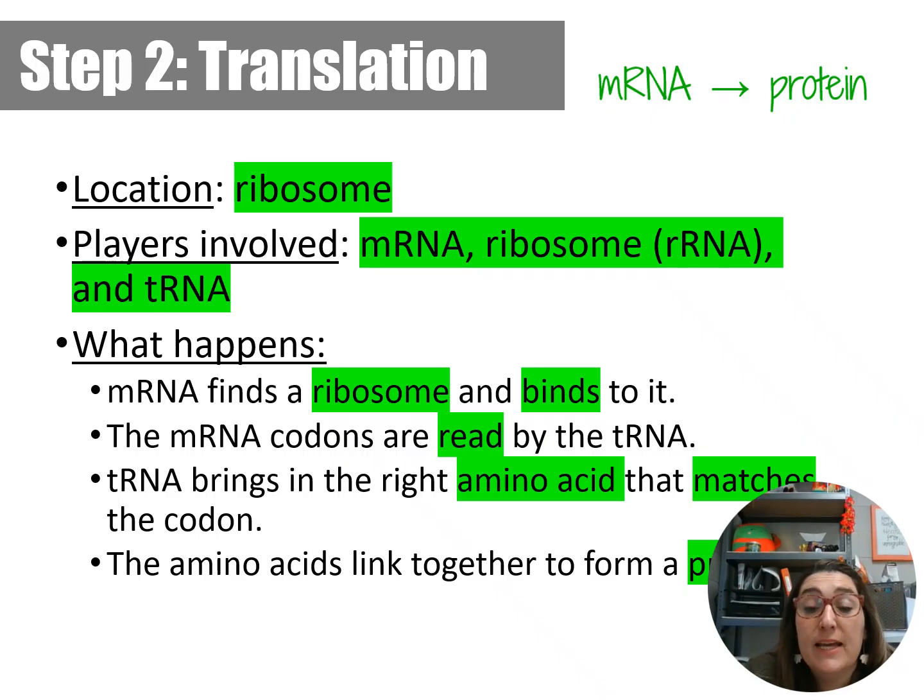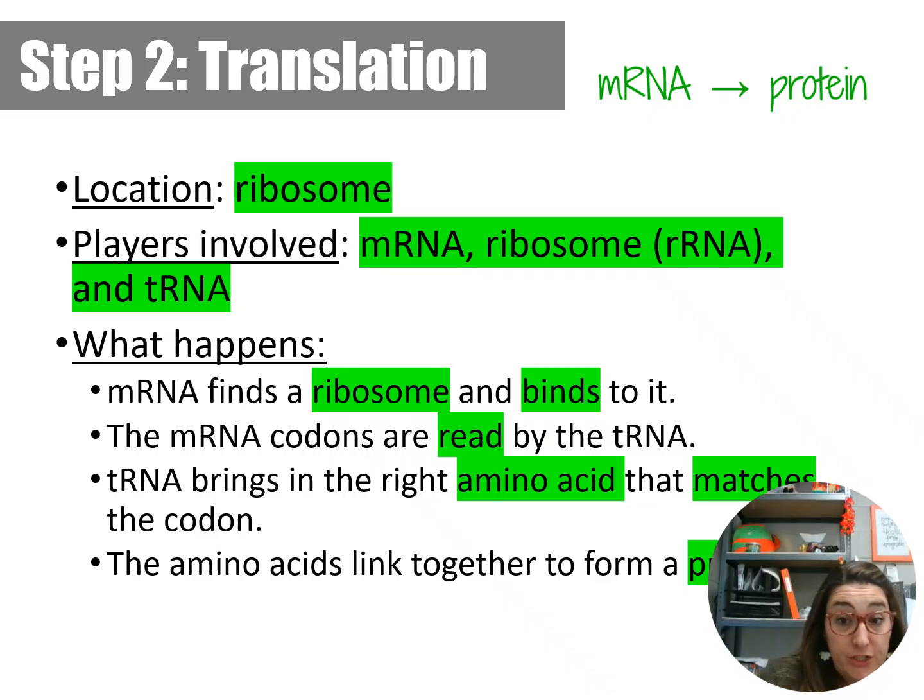So what happens? The mRNA has left the nucleus and it's going to find a ribosome floating around in the cytoplasm and it's going to bind to it. The codons on the mRNA are going to be read. The tRNA is going to bring the right amino acid that matches the codon. Remember, we use that codon chart. We use the mRNA on the codon chart to read what amino acid the tRNA needs to bring.